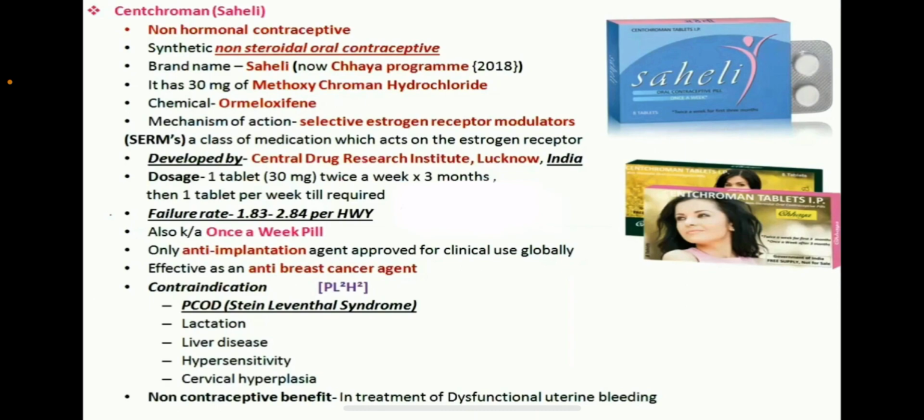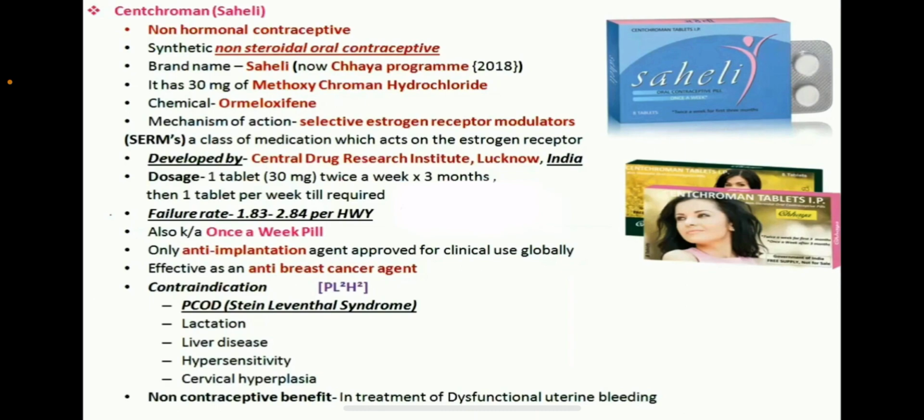And we saw that it is an anti-implantation agent. It prevents the implantation from occurring. So it's not acting on the fertilization, it is preventing the implantation of the zygote in the uterus. The main action is through certain receptor modulators, and by acting on them it prevents the implantation of the zygote in the uterus.